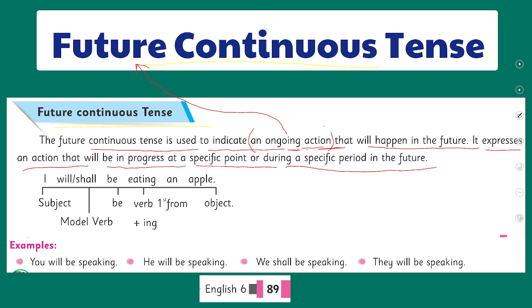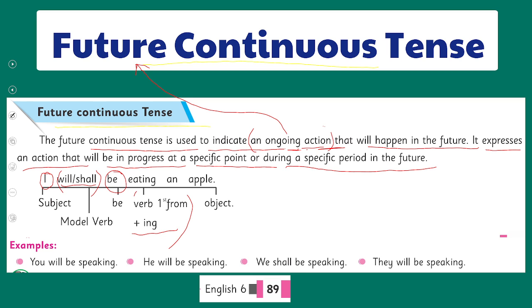So how will a future continuous tense look? What you have to do is use the same subject, and the same helping verb, auxiliary verb, will or shall, modal verb we can say, because they indicate the future time, they indicate that the action is not happening yet but will happen in the future. We have to use be with the action, and we have to use the ing form of the verb.